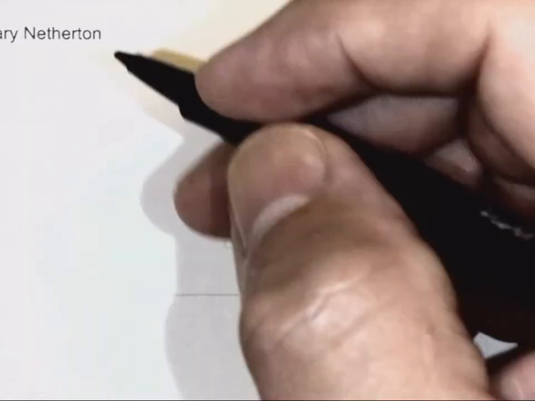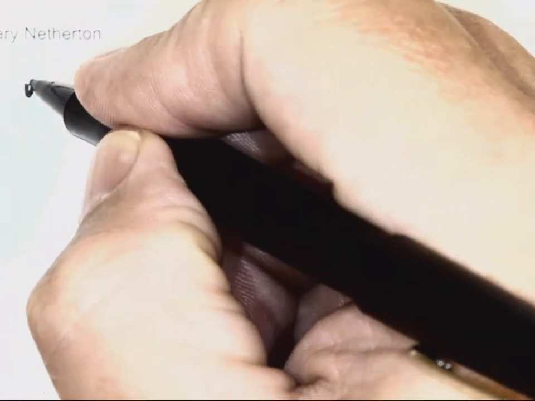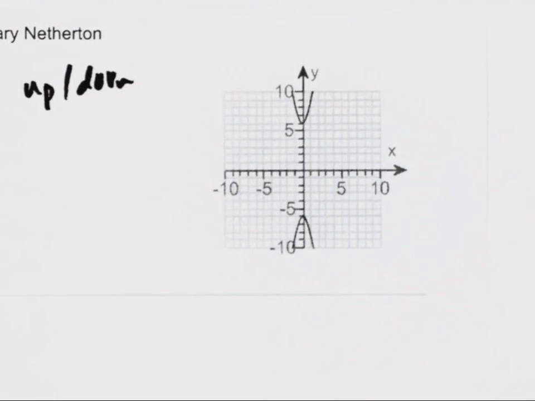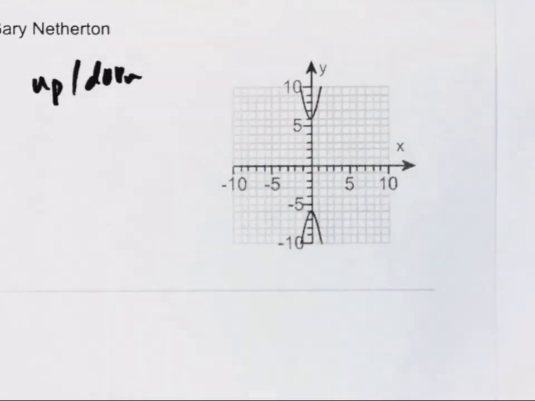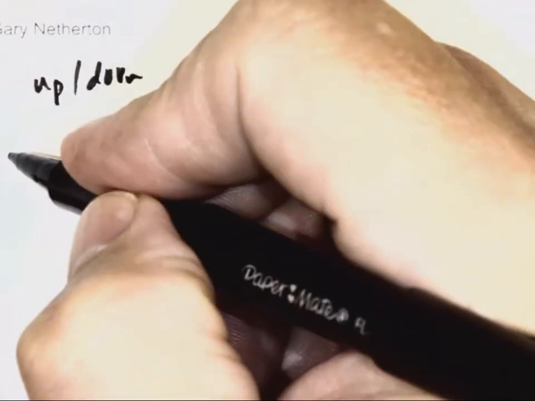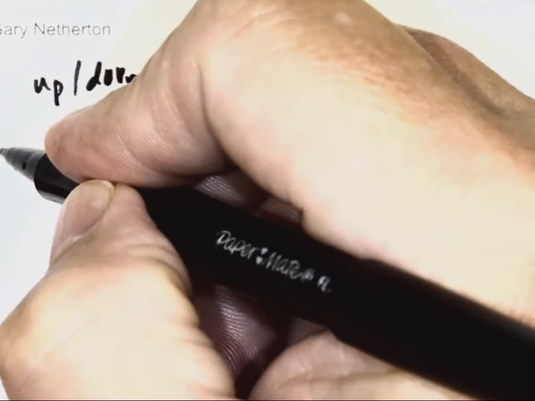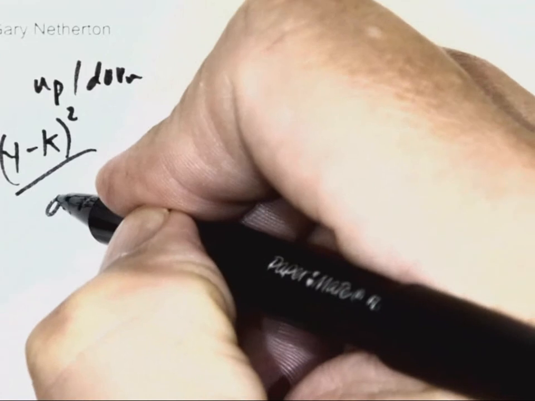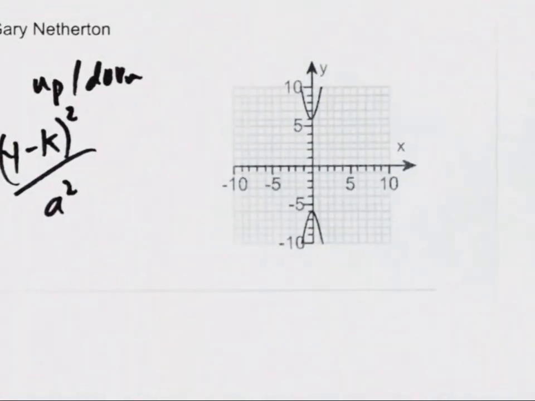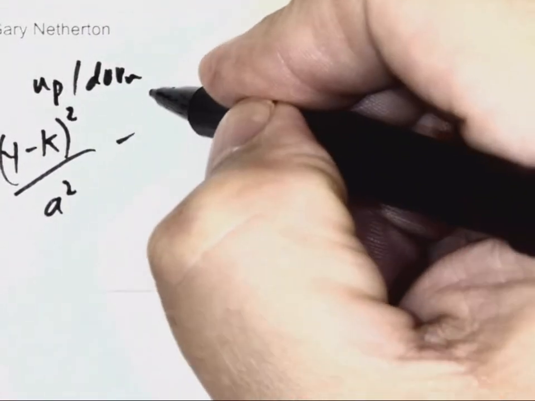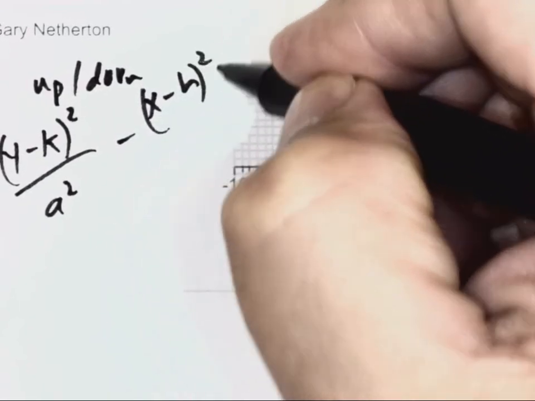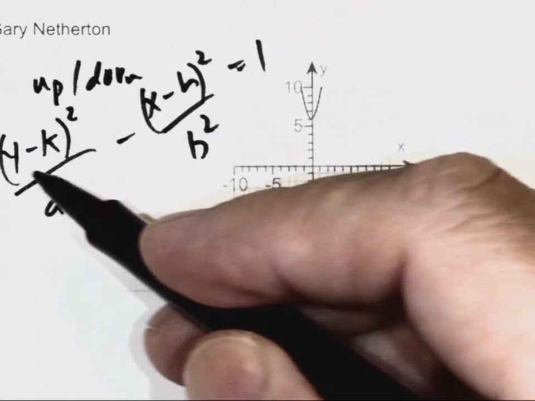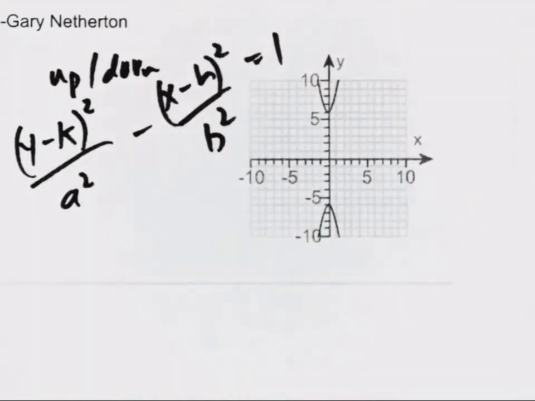First thing I notice, this is an up or down hyperbola. So I know the equation is going to be y minus k squared over a squared minus x minus h squared over b squared equals 1. The up or down means the y is positive.